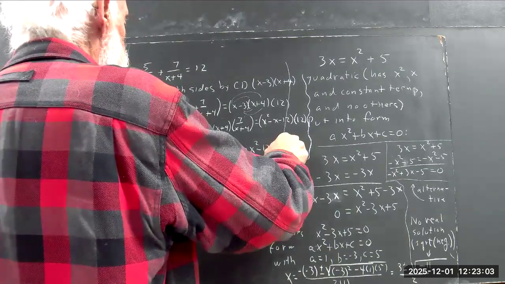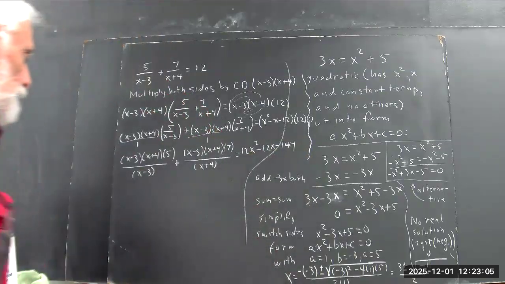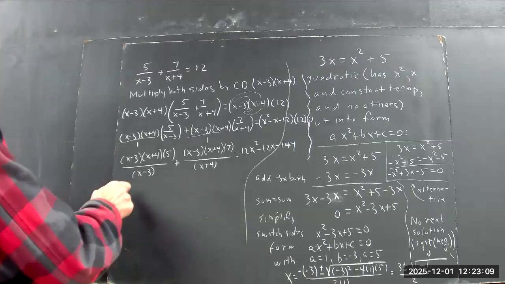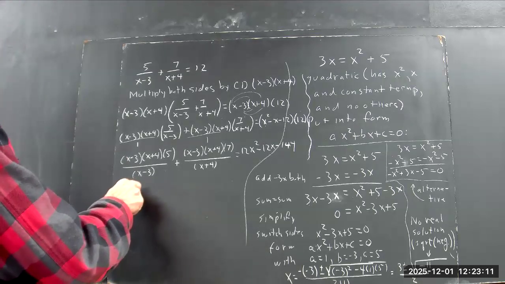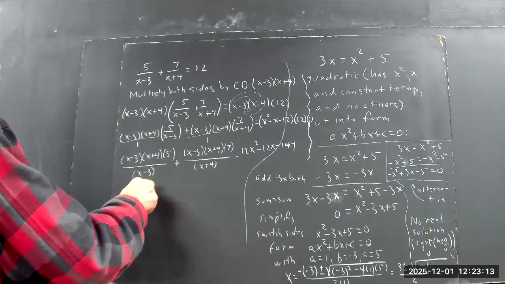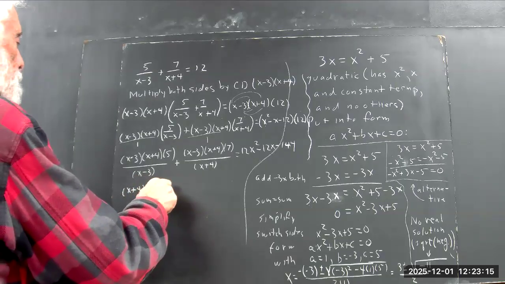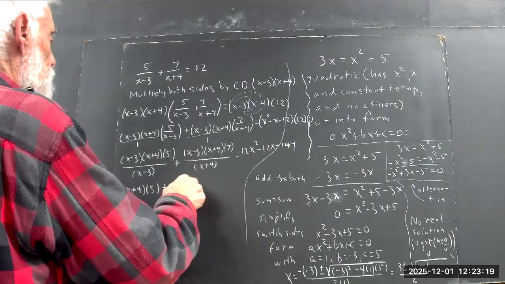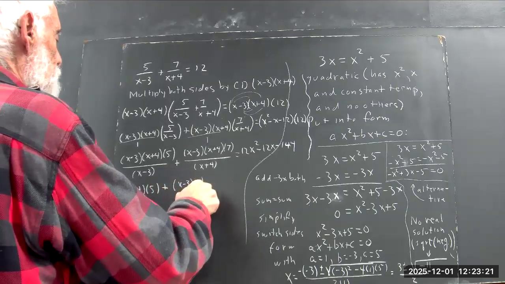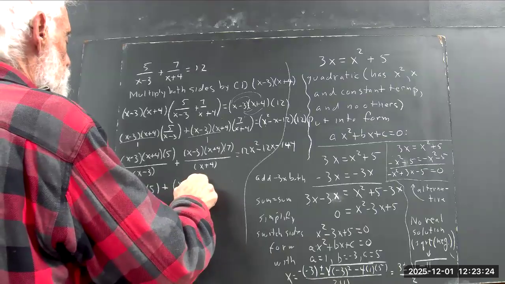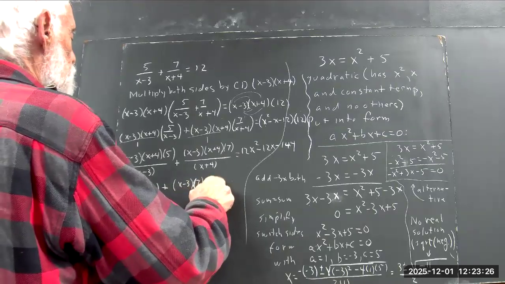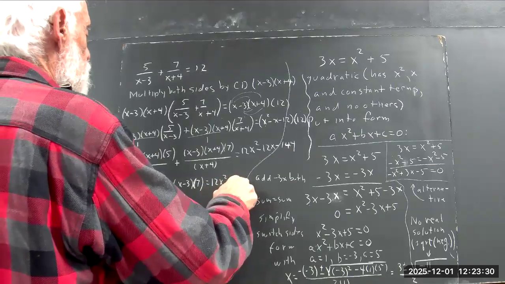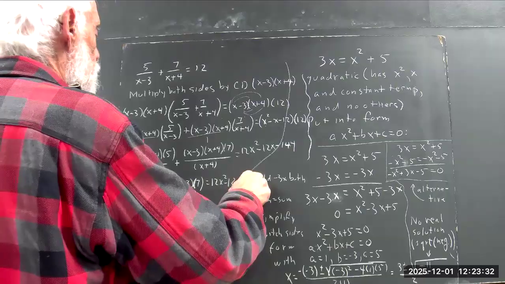Now it looks like it's going to get pretty messy, but look here now, the x minus 3 divides the x minus 3, leaving us x plus 4 times 5. The x plus 4 divides the x plus 4, giving us x minus 3 times 7. And that equals the 12x squared minus 12x minus 144.